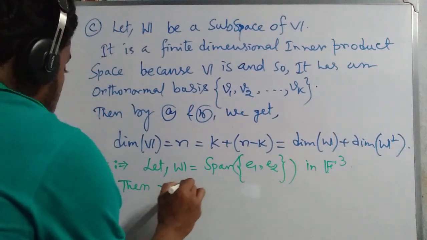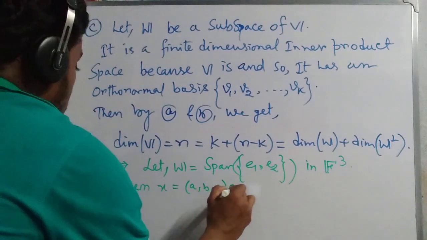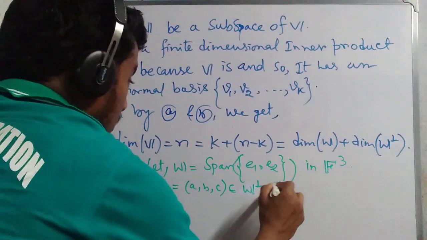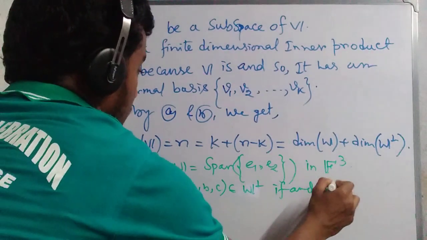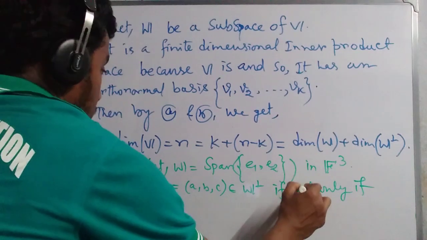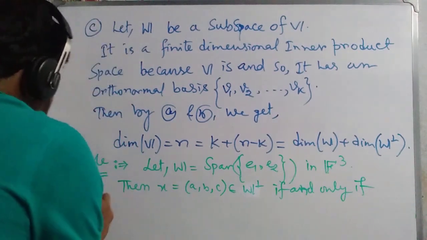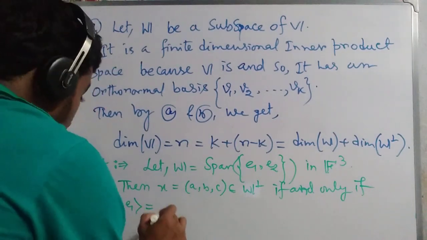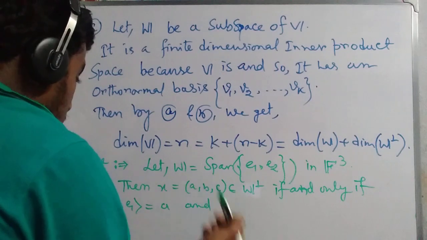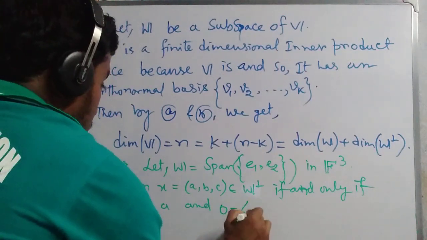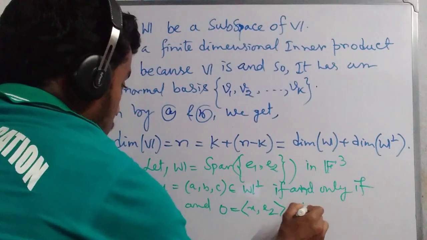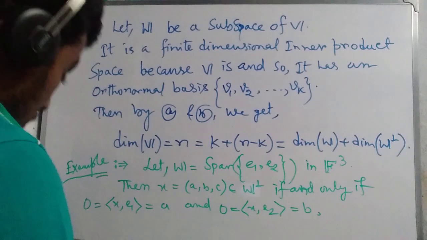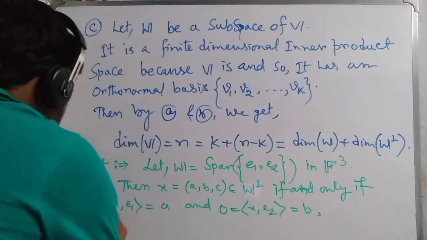Then x = (a, b, c) belongs to W perp if and only if 0 equals the inner product of x and e1, which is a, and 0 equals the inner product of x and e2, which is b.